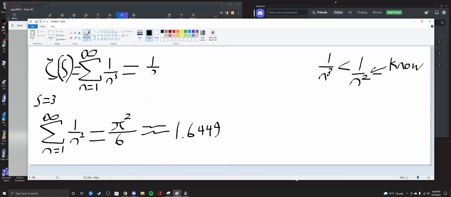So we'll have 1 over 8, because 2 cubed is 8, and then 1 over 27 plus 1 over 64 plus 1 over 125, and so on and so forth.